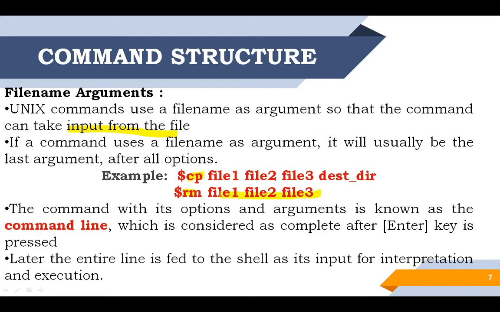These are the file names from which these commands take the input, and the output will also be provided in these arguments. The command with its options and arguments is known as the command line. Later the entire line will be fed to the shell, which is going to interpret and execute those commands.